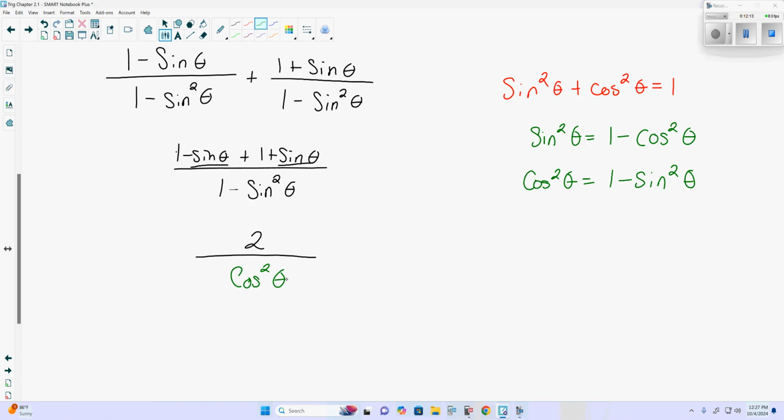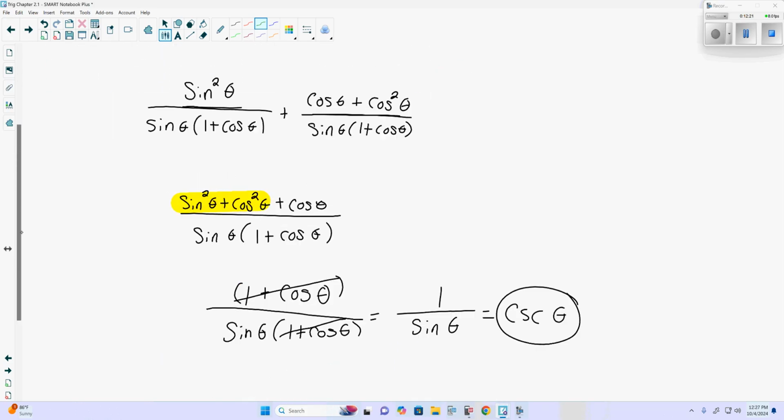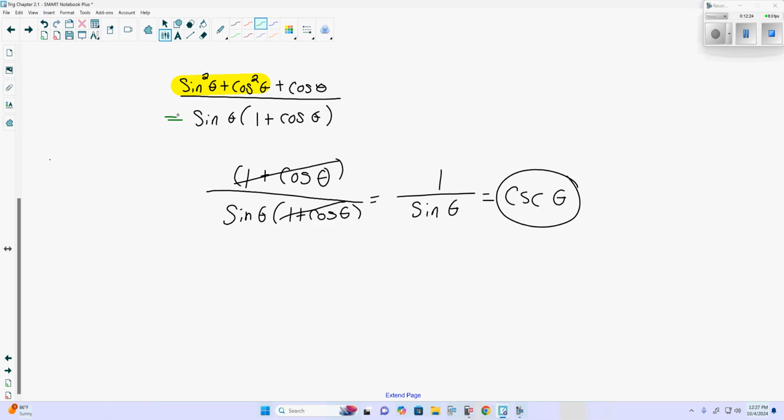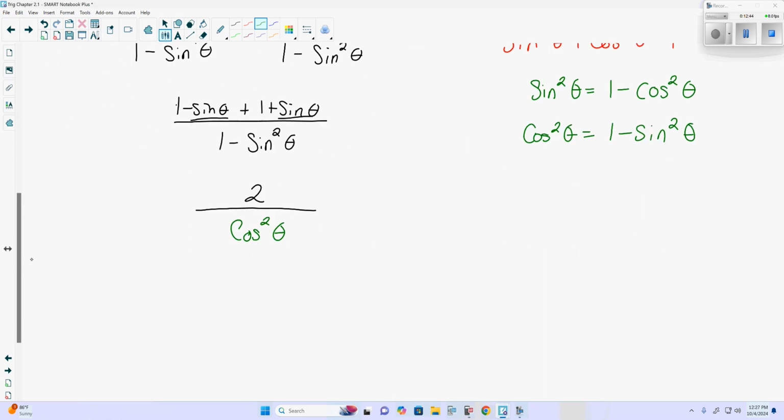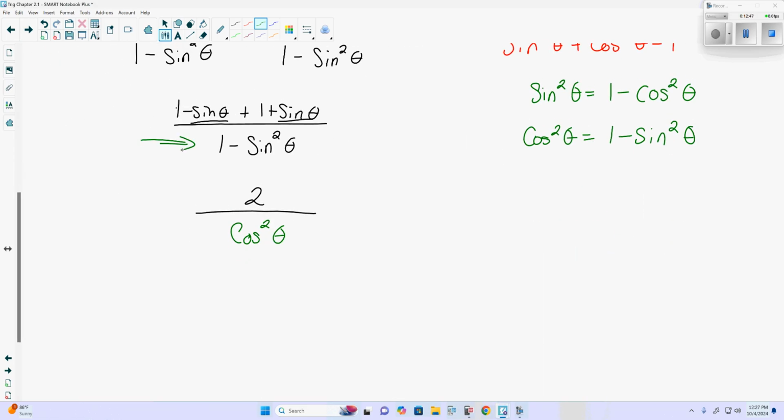Can we see why this one works out better to actually multiply? Because if we did the last one, I can go back to it, this would have just been sine of theta plus sine of theta cosine theta. But to simplify, I'd have to factor the sine back out so we get that 1 plus cosine to cancel. Here, if we multiply it out, we get this 1 minus sine squared of theta, which is cosine squared of theta. This actually simplified.